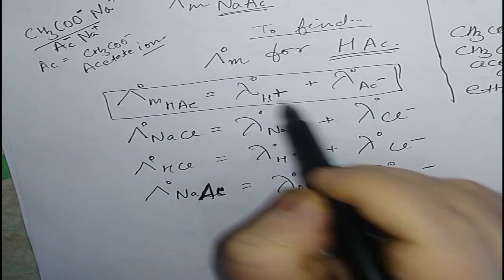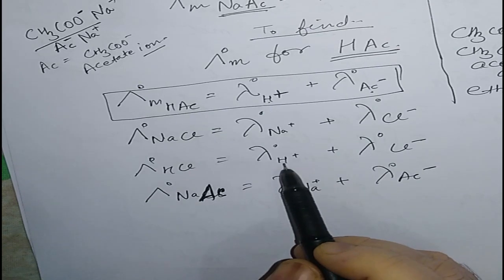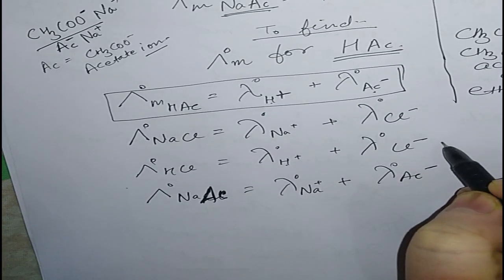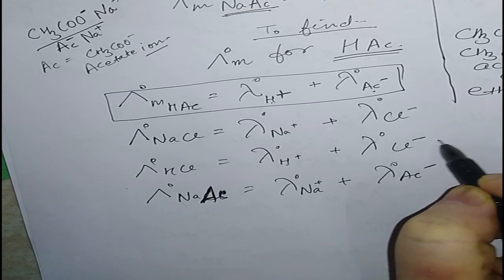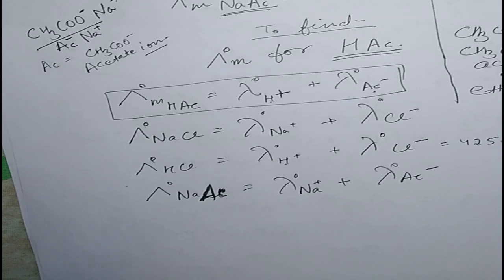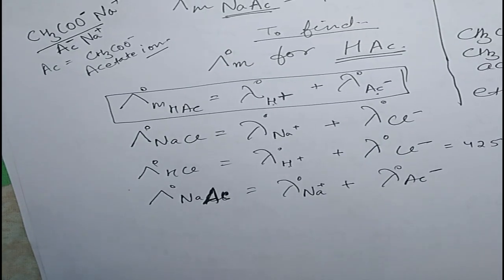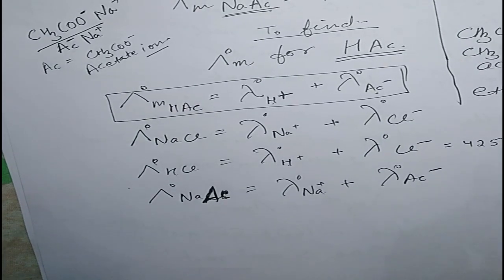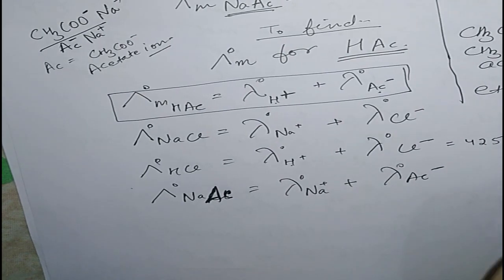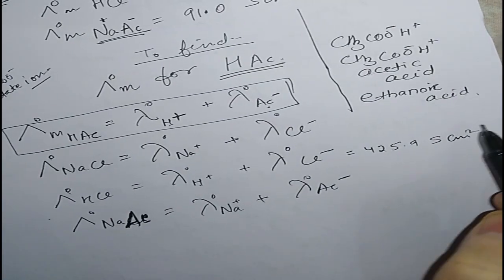To get this value we need to get H this side, so we will reverse this equation. Value of this much is 425.9 Siemens centimeter square per mole.